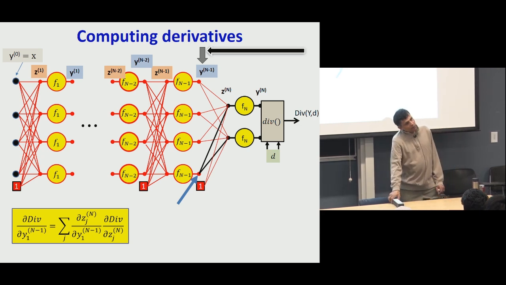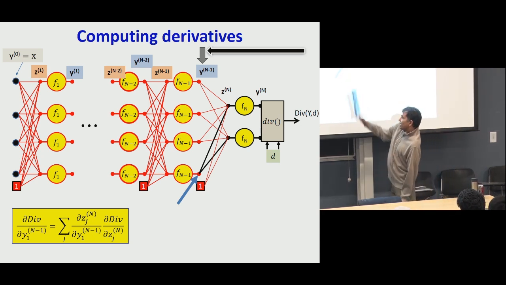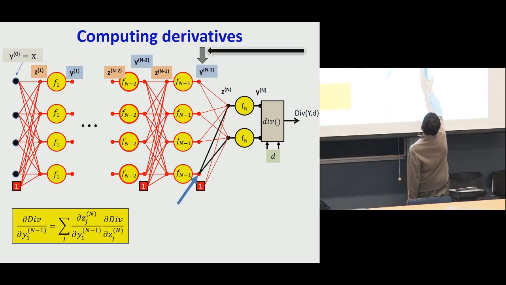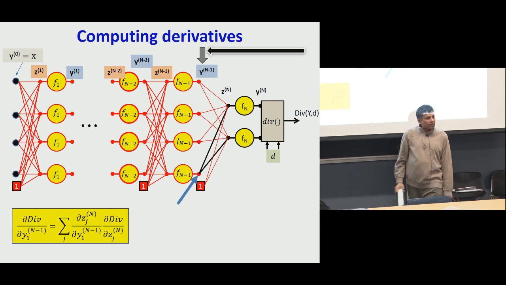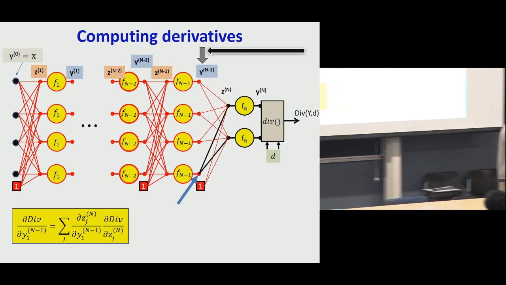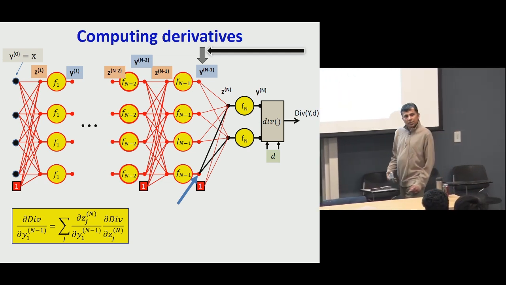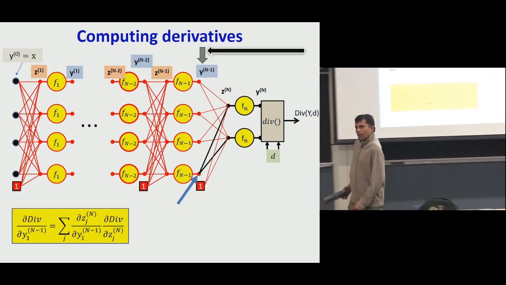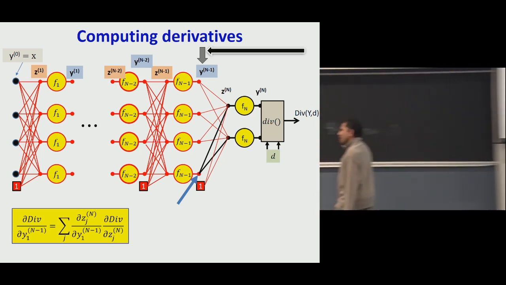And so the derivative of the divergence with respect to this y1 is going to be the derivative of the divergence with respect to the first z times the derivative of that z with respect to y, plus the derivative of this divergence with respect to the second z times the derivative of that z with respect to y, and so on. It's summed over all the paths, right?